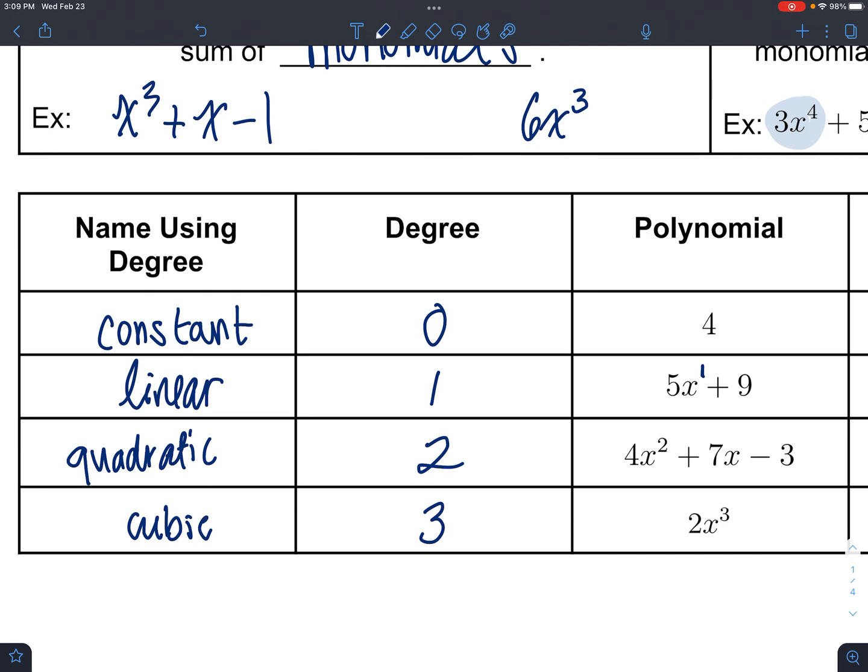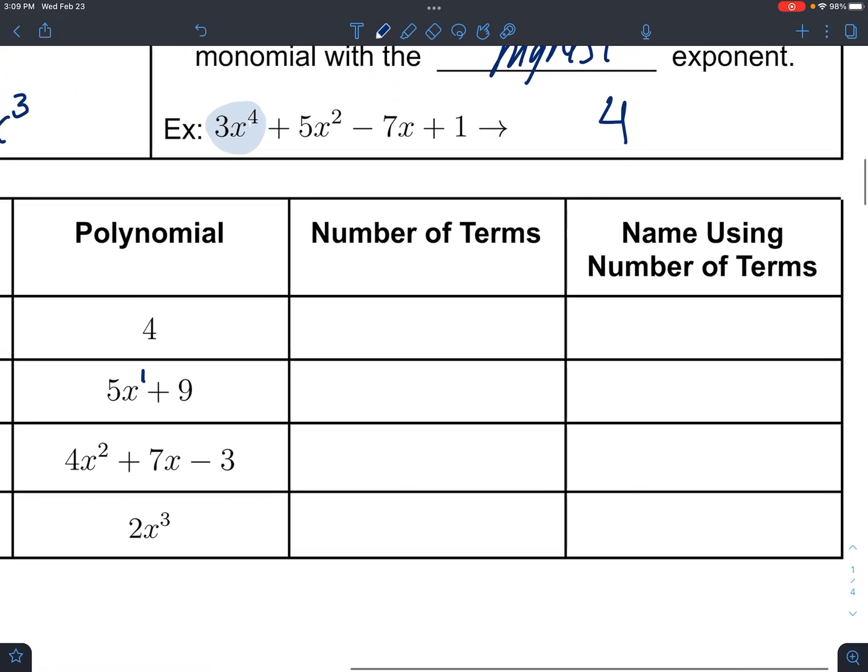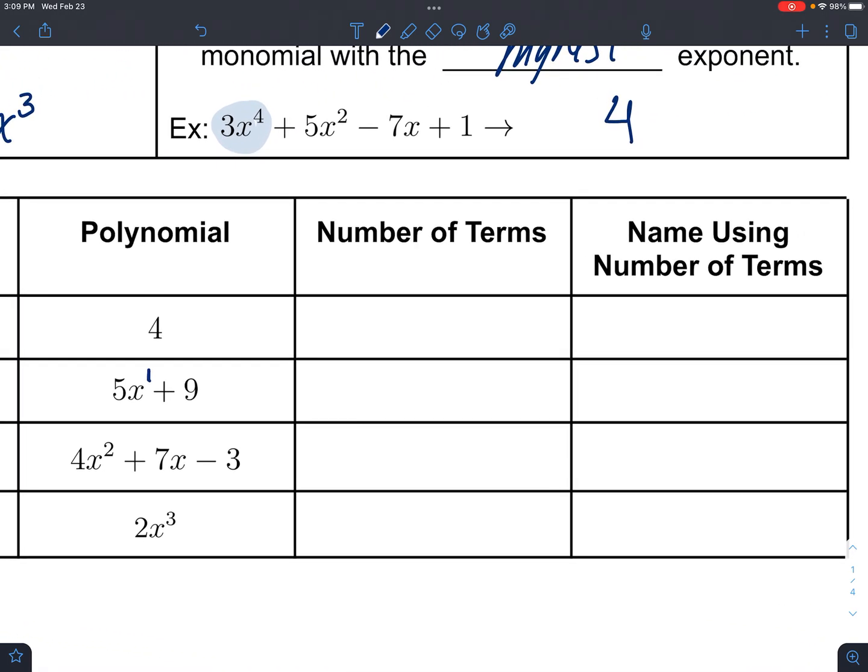All the words that you maybe have heard before. And if you have 4th and 5th degree, they also have names, quartic and quintic. Probably won't be touching those at all, but if you do see those words, that's what they align with, the biggest exponent. So we can name them by the exponent, by the degree, or we can name them based on how many terms there are. So the first one has 1 term, 2, 3, 1. Just counting the number of items separated by addition or subtraction.